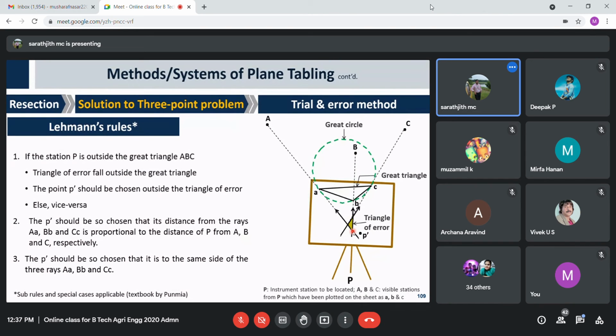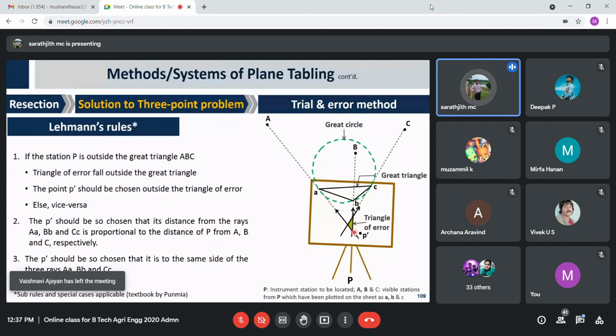So the distance of this particular point P to A should be proportional to P dash A. The distances from the rays AA and CC, all these rays, should be proportional.